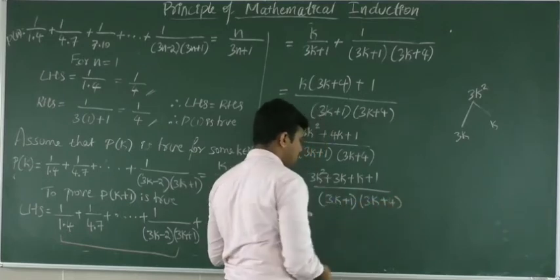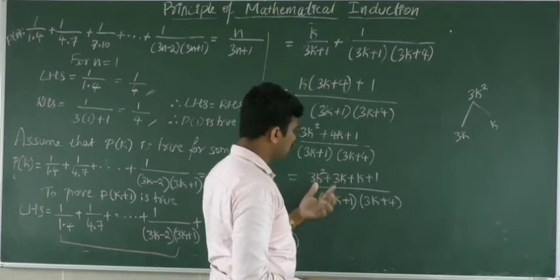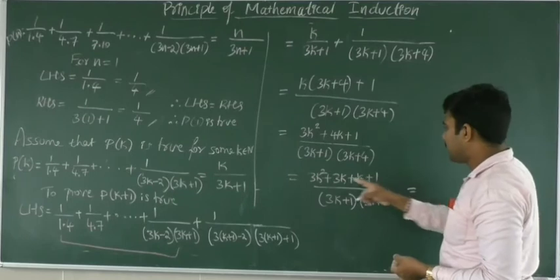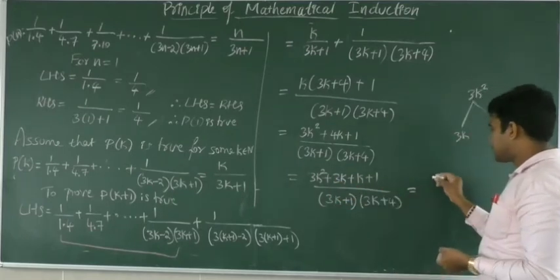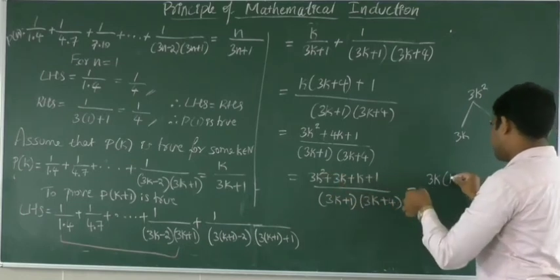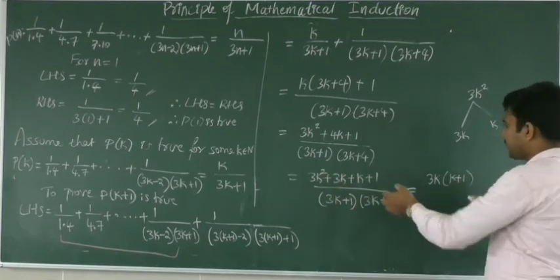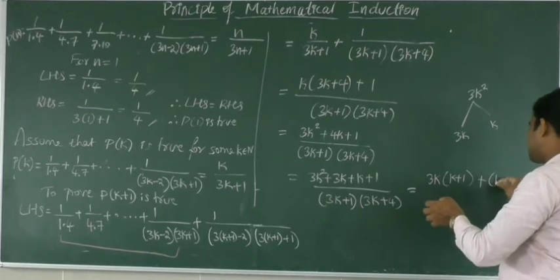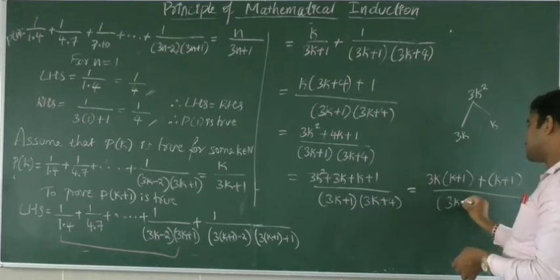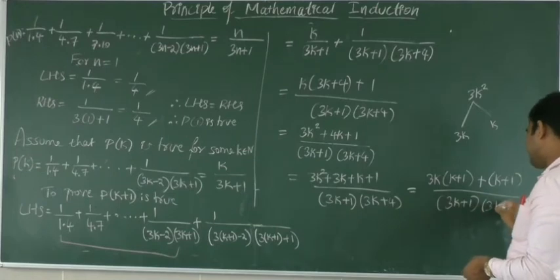Now see here, in the first two terms of the numerator, if you take 3k common, what will we get? k plus 1. Similarly, in the second two terms you have k plus 1 as it is, whole divided by 3k plus 1 into 3k plus 4.